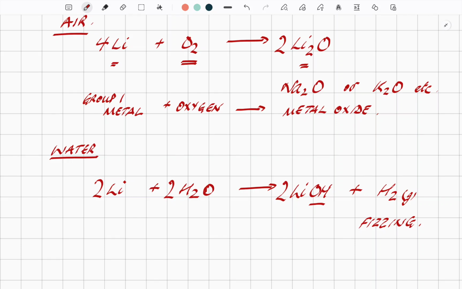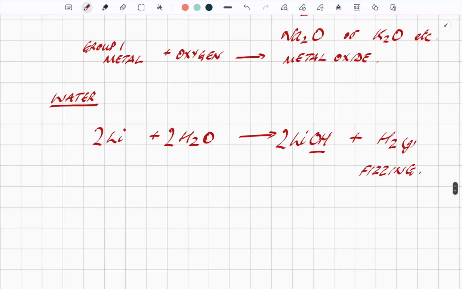Does that make sense? It's the metal hydroxide that's alkali. It's an alkaline solution that's left over, because this will be aqueous. The lithium hydroxide dissolves in the water.